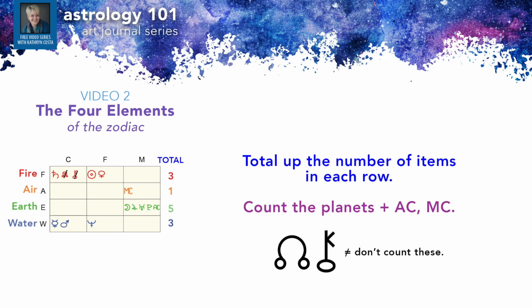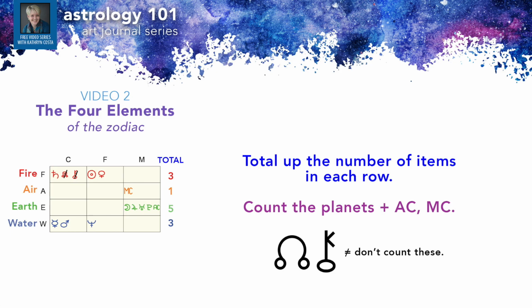Now, not everyone includes the AC and the MC because they're not planets, but I do. Now, there are actually points in the chart that have a great significance and a huge influence in who we are. And what we're looking at is my chart as an example.